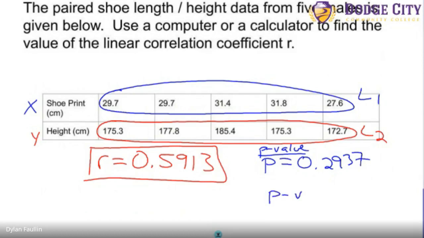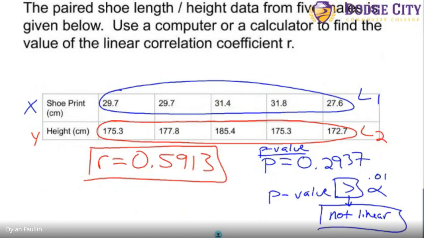This p-value, if you compare it to an alpha, which again wasn't provided to us, but a typical value for alpha would be 0.01 or 0.05, the biggest alpha that you would really consider using. Here, the p-value is greater than that value of alpha, which means this does not appear to be a linear relationship. I mean, the proper conclusion is there's not sufficient evidence to support the claim that this is a linear relationship. But paraphrasing, it just doesn't seem linear. Okay. If the p-value is less than alpha, then you would conclude that it does appear to be a linear relationship.